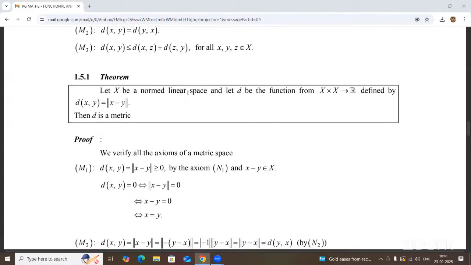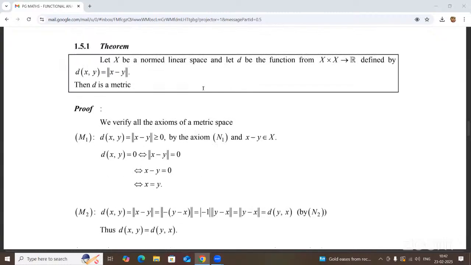Okay, students, listen carefully. Now here is one of the theorems. According to these theorems, we will be proving the part of normed linear space. There is no doubt. Now, according to the definition of a norm and the conditions of a metric space, let us see theorem 1.5.1.